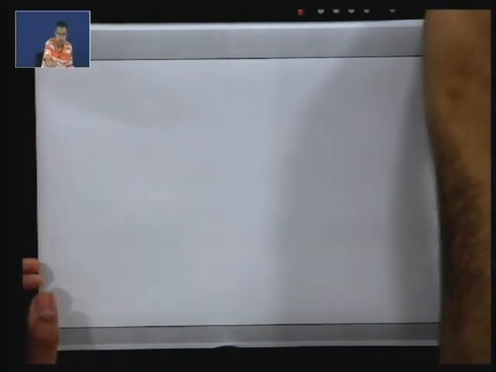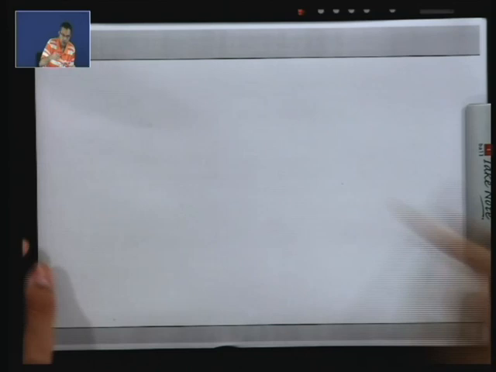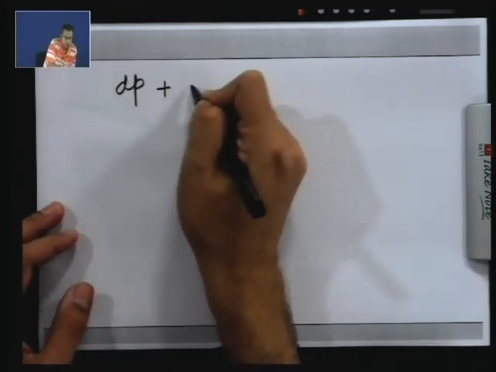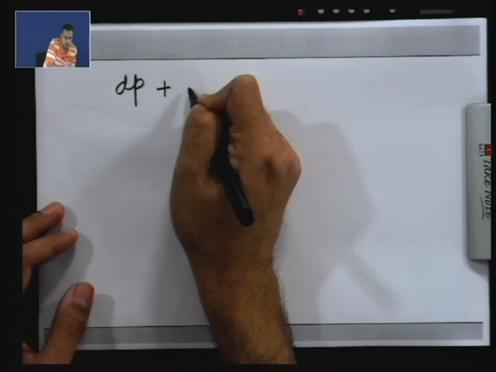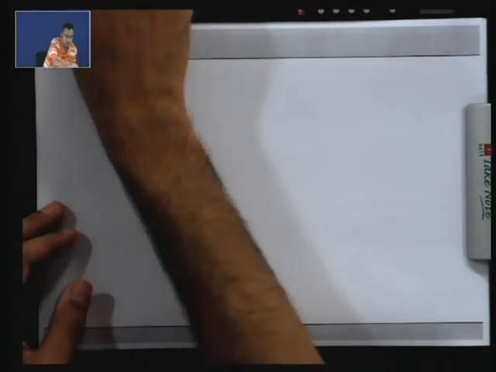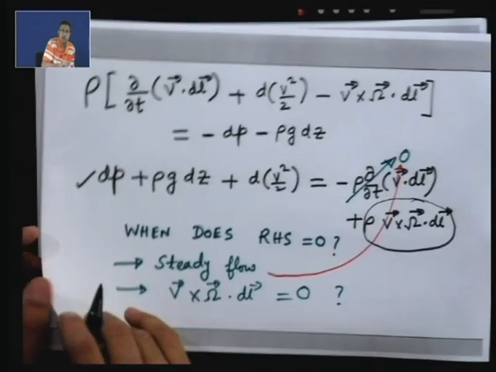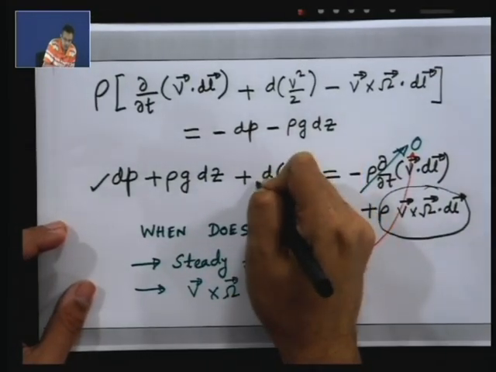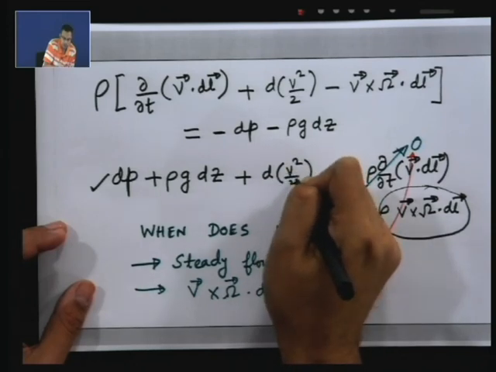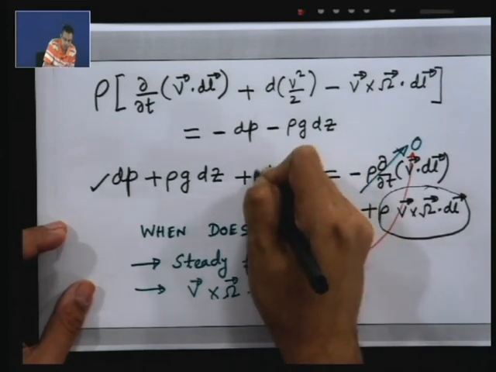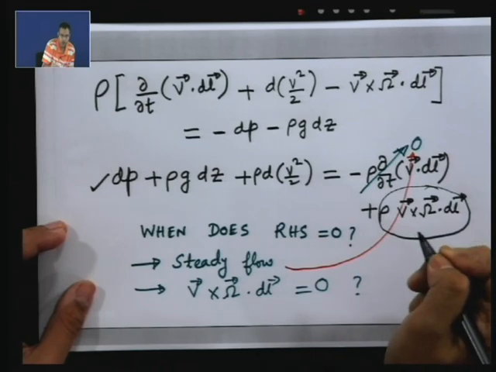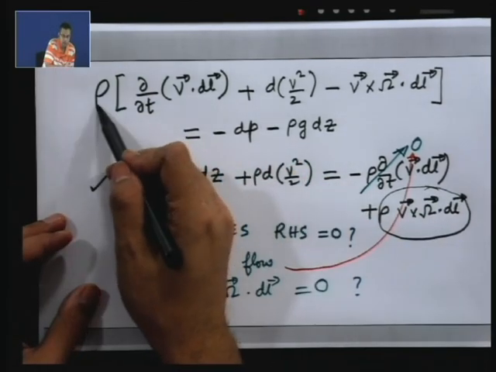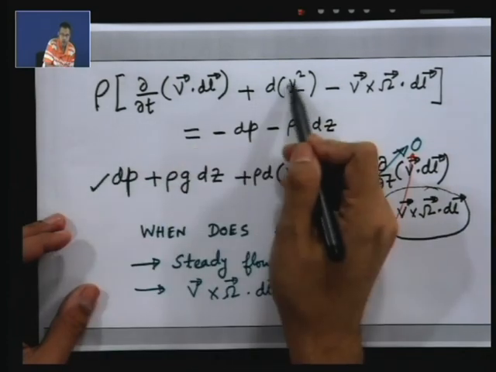So, the left hand side of the equation becomes dP plus, okay, there was a rho that we missed in that equation, please correct that equation. When we have written d of v square by 2, there was a rho outside. So, rho into d of v square by 2, because if you look into the previous equation it was multiplied by rho into d of v square by 2.